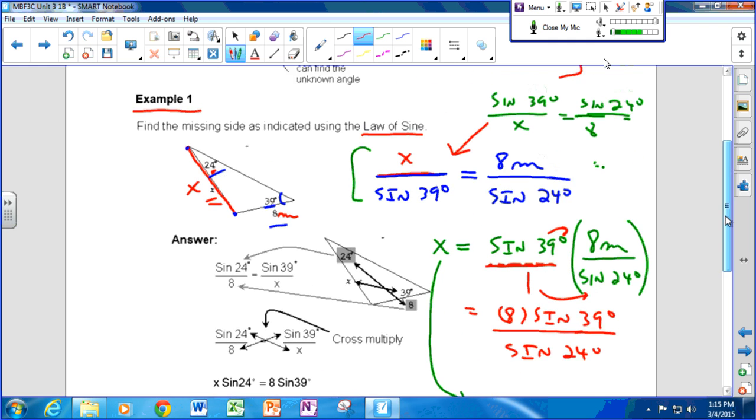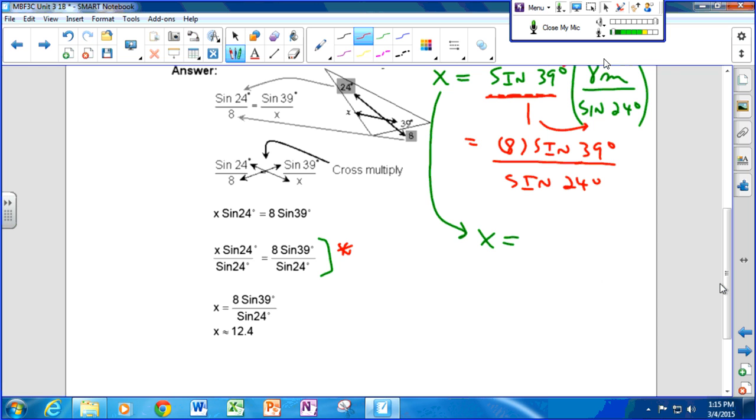All right, so we have our x, and now we just have to work out 8 times sine 39 divided by sine 24. So 8 times sine 39, make sure you're in degrees, divided by sine 24. Okay, and now we have 12 point. Let's round it off, and don't forget your units.